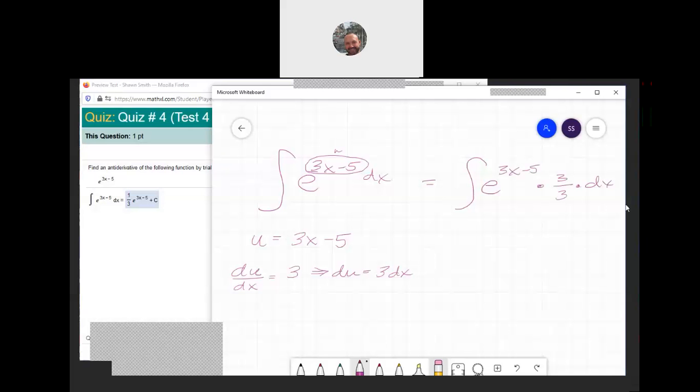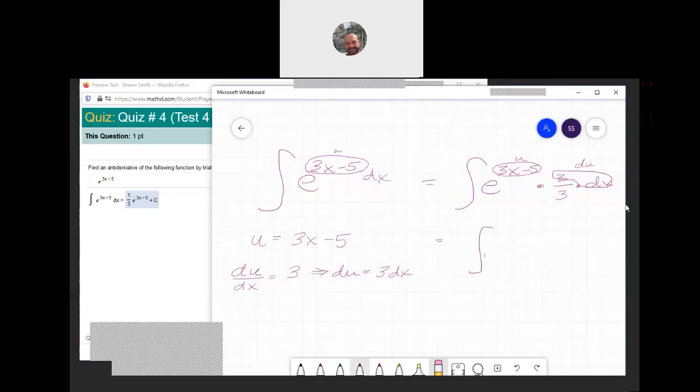All right, so now I make my substitutions. Notice I have 3 dx right here. This is du. And I have this right here, it will be u. So I'm going to rewrite this as the integral of e to the u. All right, so we have 1/3 right here as a constant, right?